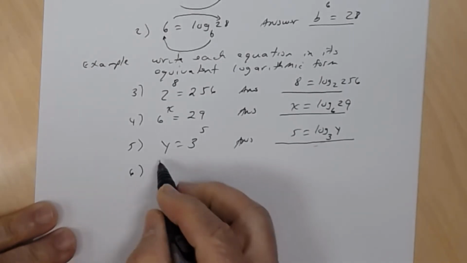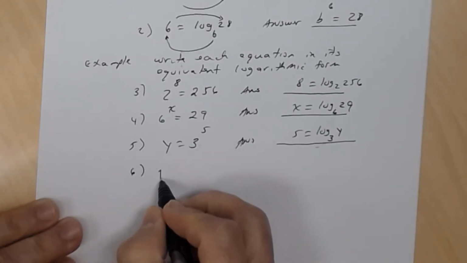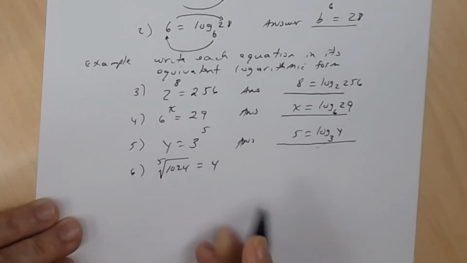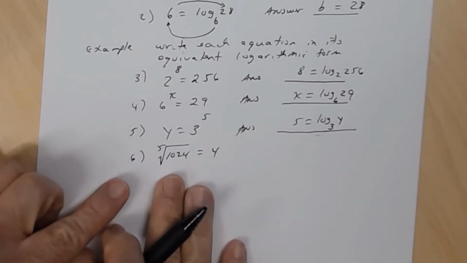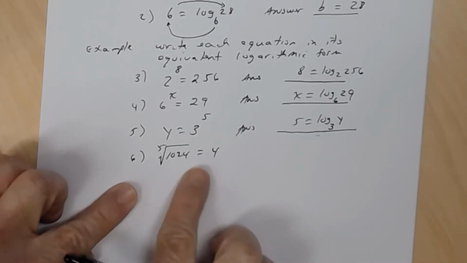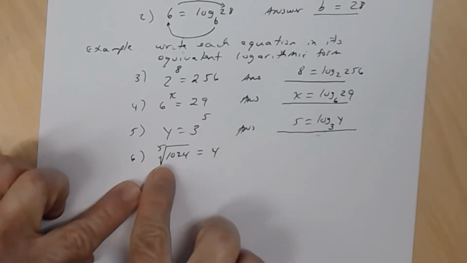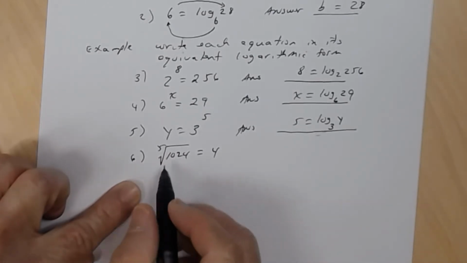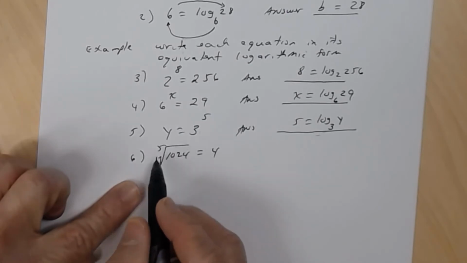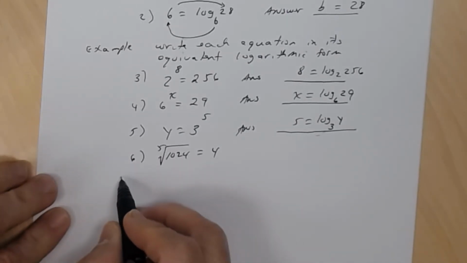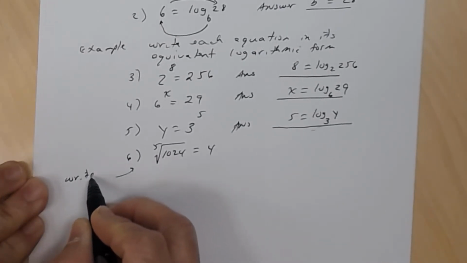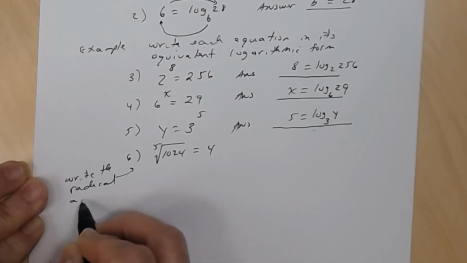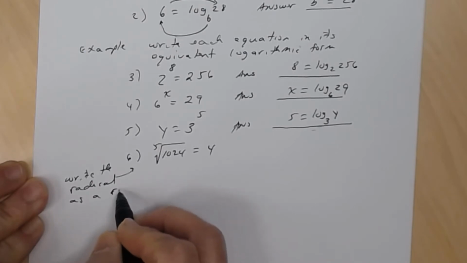Number 6. All right, number 6, we have the 5th root of 1024 is equal to 4. Now, you have to remember something from a previous course when you dealt with rational exponents. You need to write the radical as a rational exponent.